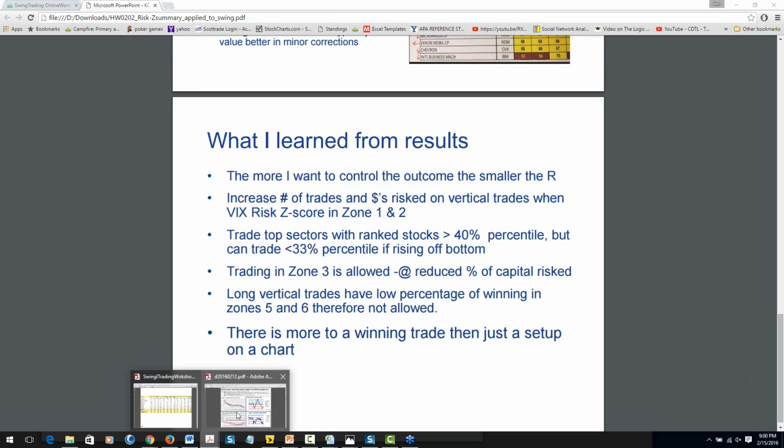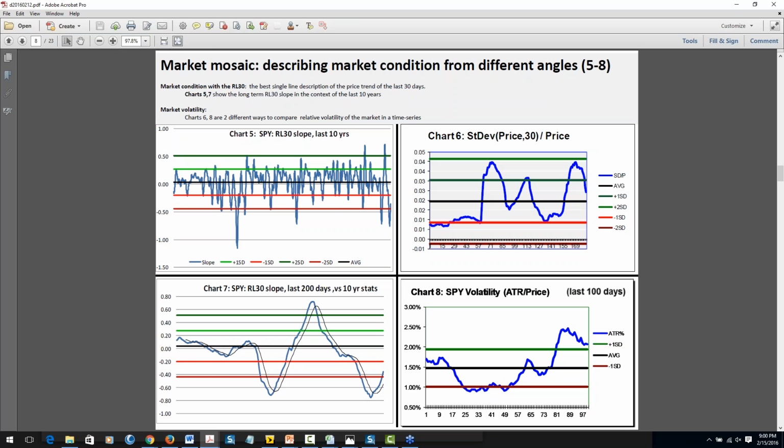Let me pull that up. Yeah, so here's an example, this is on page 8, and you can compare a couple of different ways to look at what I call the VolStat, or the volatility statistic. Chart number 6 takes the standard deviation of price over the last 30 days divided by price.